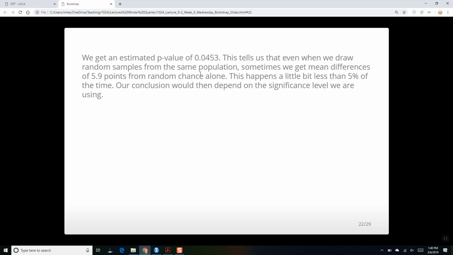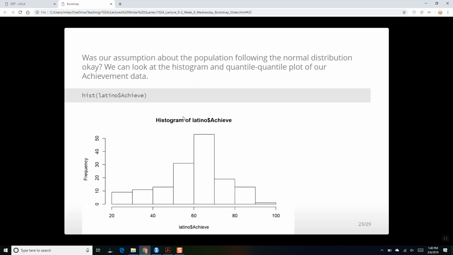Publish my paper, right? But if you use an alpha that's a little more conservative, say alpha of 1%, where I really need data that supports this idea before I make some kind of conclusion, then we would say it's not significant, because this is bigger than 1%. So that's what we have there.